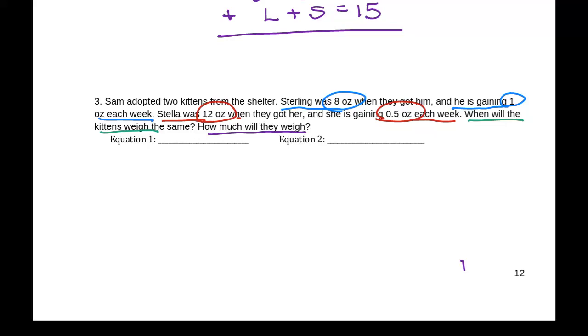When will the kittens weigh the same? And how much will they weigh? Let's do the weight one first. So we're going to call this our weight equation.